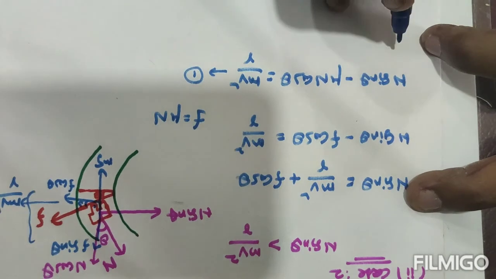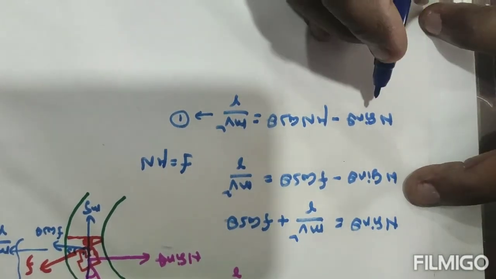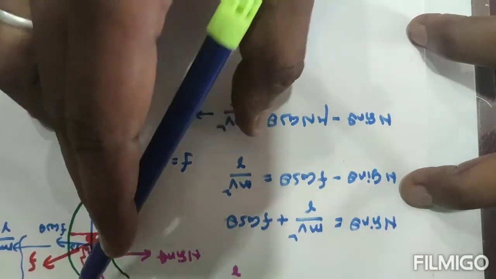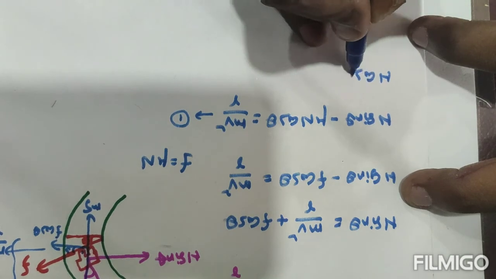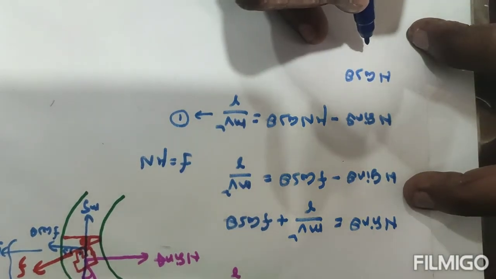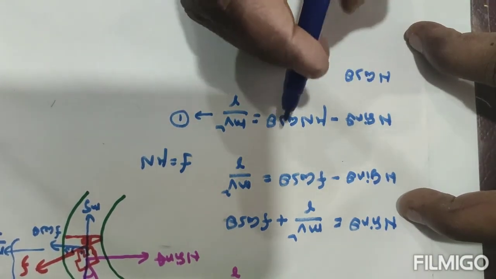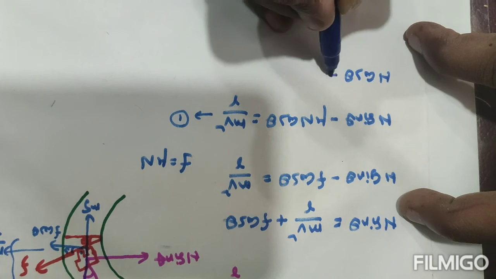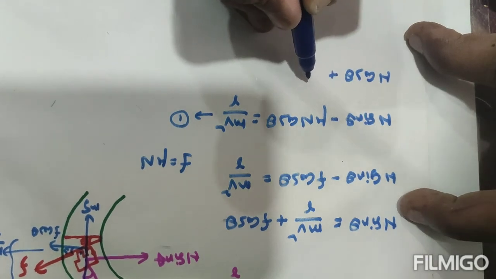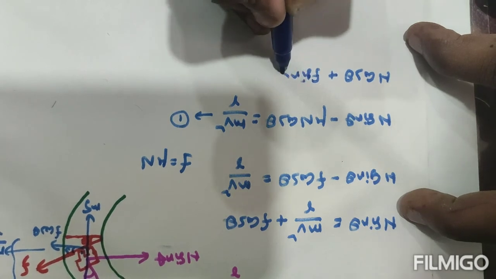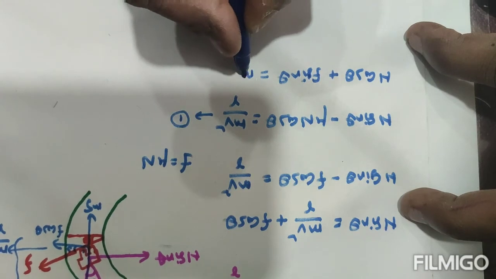So I can write here that is N cos theta plus f sin theta equal to mg.